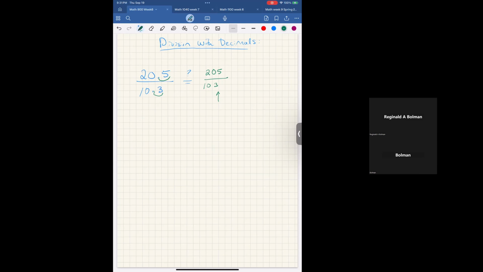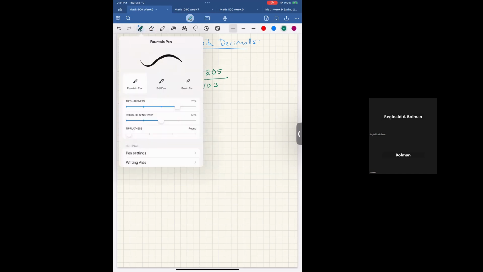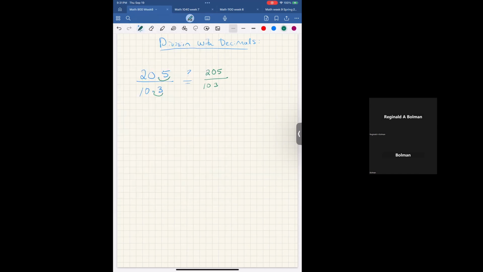It's always possible, for example, that 103 has some sort of common factor that might divide 205. It may also be the case that just by working with numbers that are not decimals, we can in fact use some sort of division process that'll make our lives a little bit easier.